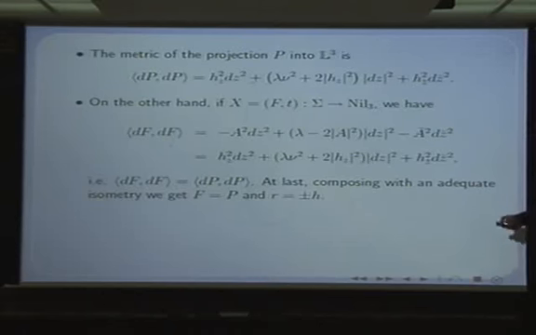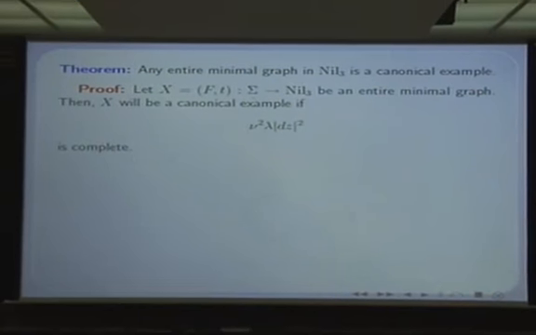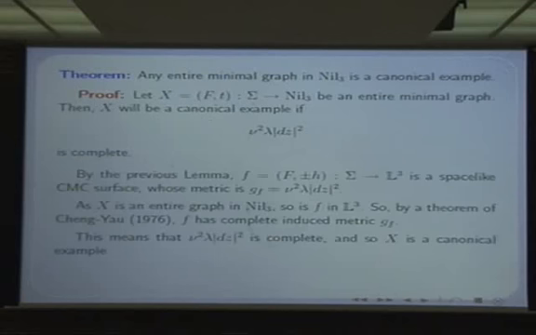And from this lemma, you can finally prove what you needed. Any entire minimal graph is a canonical example. Why? Assume you have an entire minimal graph. Then, as we explained previously, by the uniqueness of the Hauswirth-Rosenberg-Spruck theorem, it will be a canonical example exactly when this metric is complete. So I want to prove that that metric is complete.